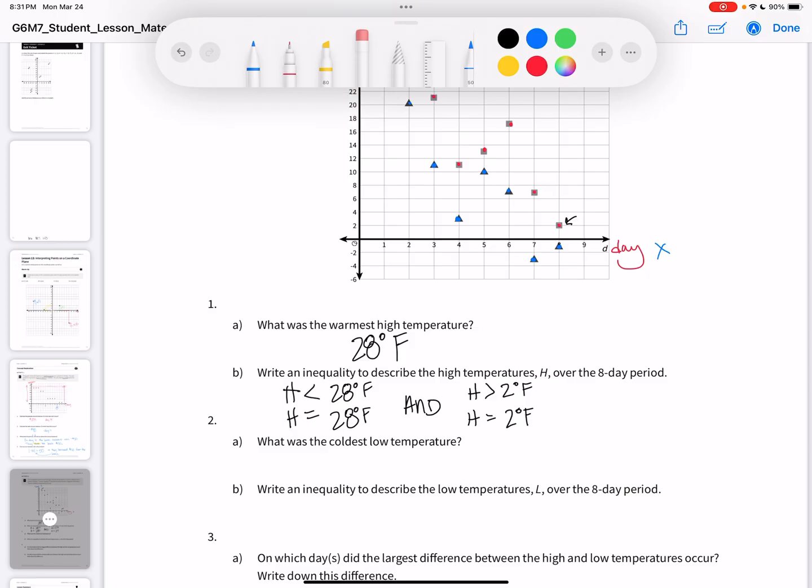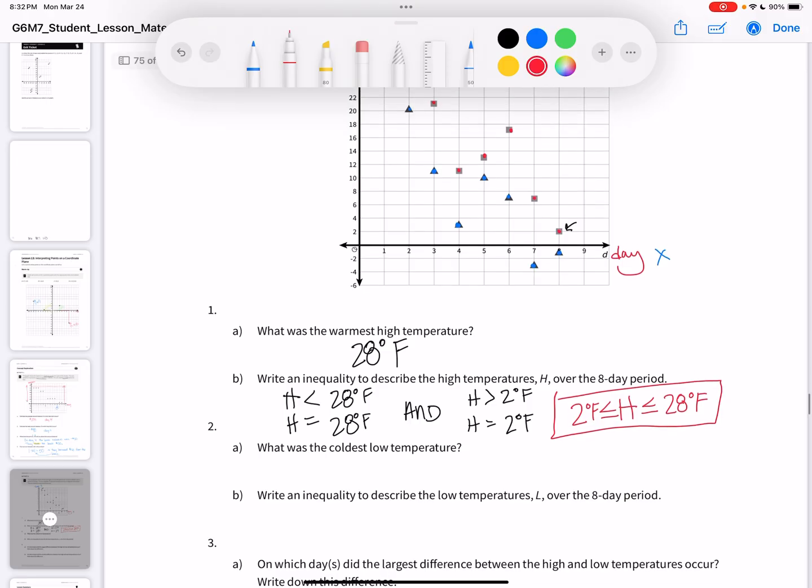We're going to put H in the middle, and we're going to say 2 degrees Fahrenheit is less than or equal to H, and H is less than or equal to 28 degrees Fahrenheit. So it can be as high as 28 degrees Fahrenheit and as low as 2 degrees Fahrenheit, or anywhere in between there.